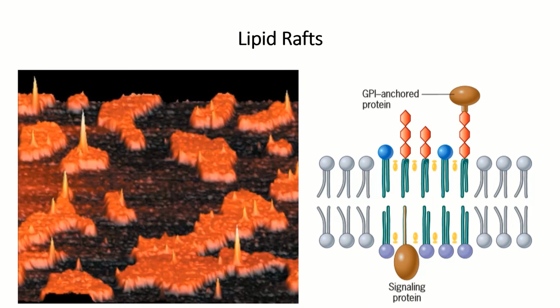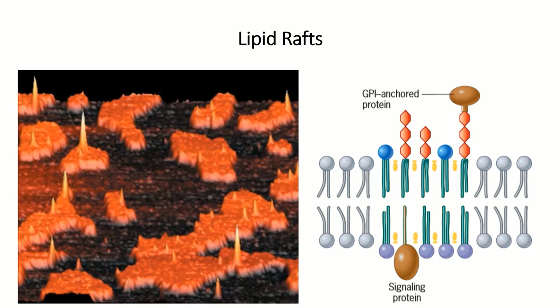Phospholipids are also not just randomly arranged on the cell membrane. There are certain associations or congregations of phospho and sphingolipids, and these congregations usually look like islands floating about on an ocean, as you see here.